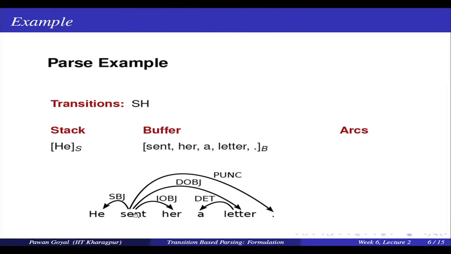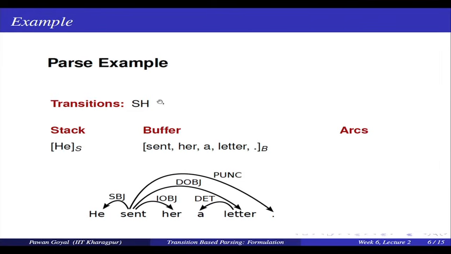So, in the parse you are seeing he is a subject for sent. That means, you can establish a relation between sent and he, and what will be that? It should be from sent to he, so it should be a left arc relation.